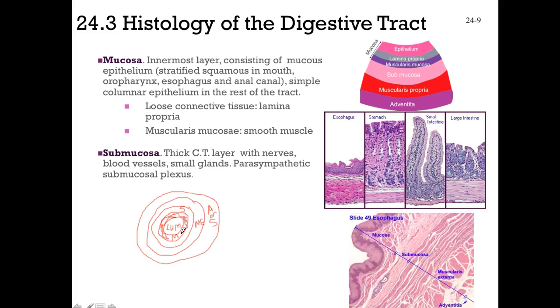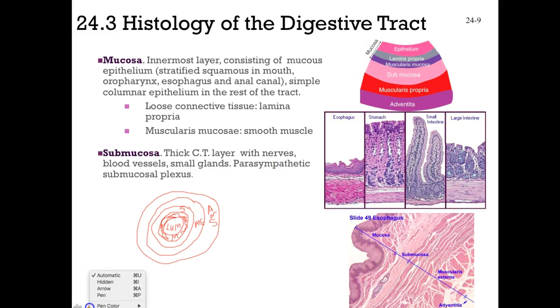And then we will have with it, this is pictured over here in the top image, underneath that epithelium, we have the lamina propria that is made up of loose connective tissue that will help support that epithelium. And then we have a thin layer of muscle here called the muscularis mucosa, and this is made up of smooth muscle. So all of these three things we just discussed are found only within the mucosa.